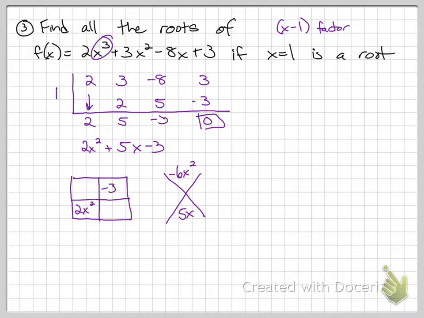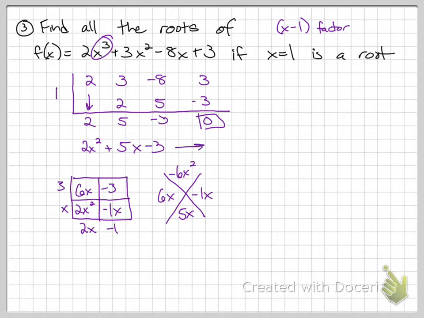There's lots of factoring resources on Schoology. Multiplies to be negative 6x squared, adds to be 5x. This column's divisible by 2. That leaves x, 3, and negative 1.